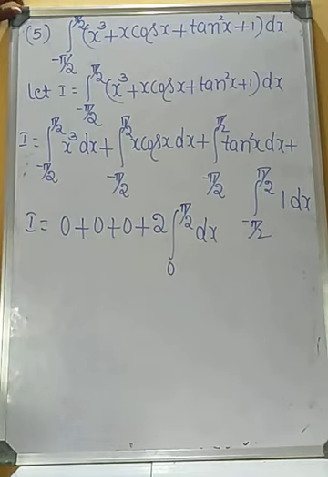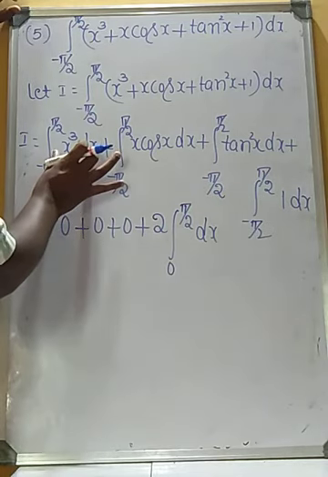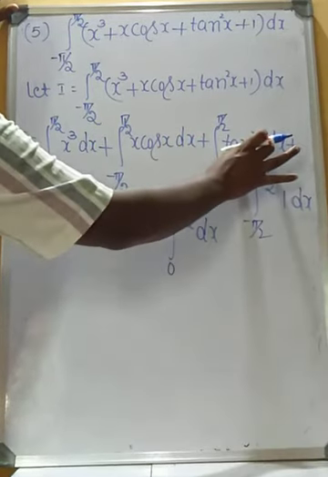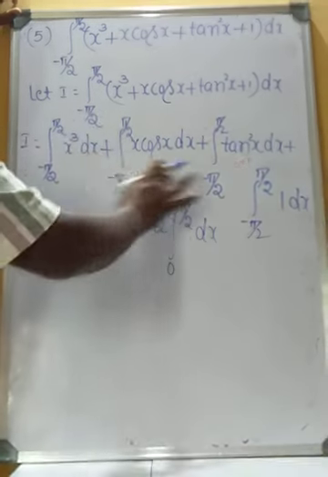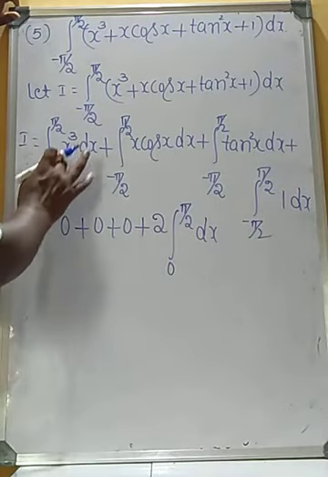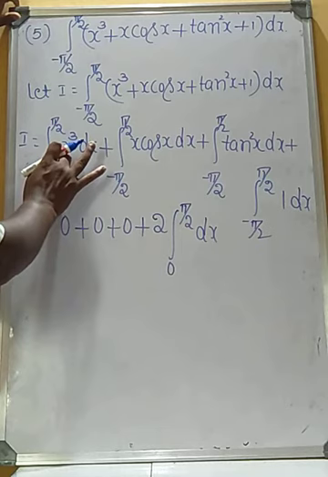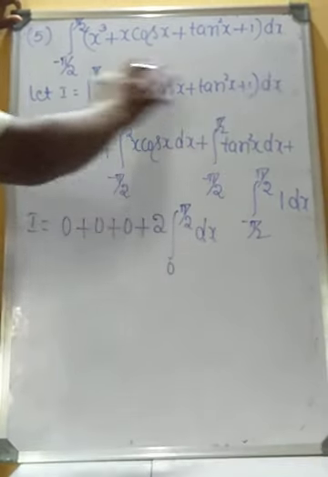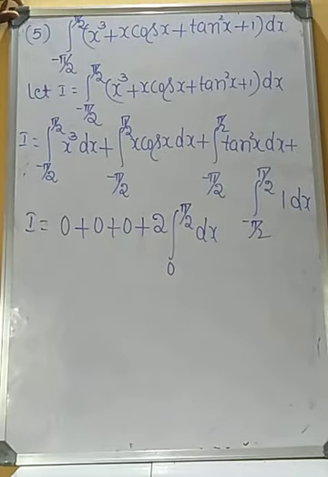So here the first integral term, second integral term, and third integral term are 0, because x cube, x cos x and tan x are odd functions.